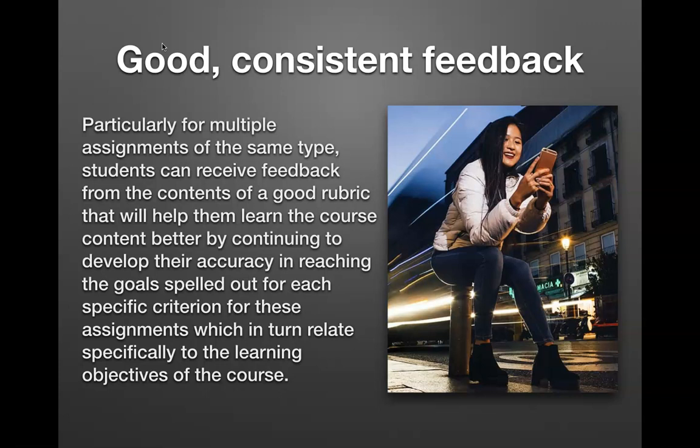Then when they turn in the next assignment, they will again develop those skills. And that overall goal is to develop their process or their learning ability to know the objectives of the course overall. So that good, consistent feedback from teachers is very critical for them.